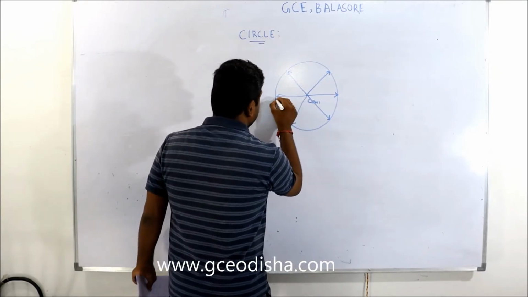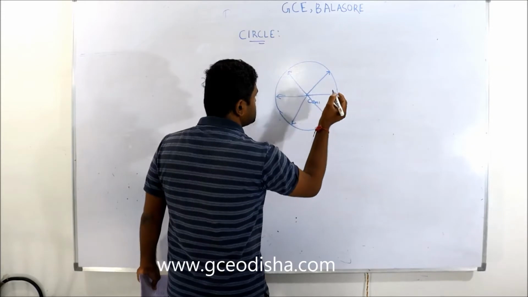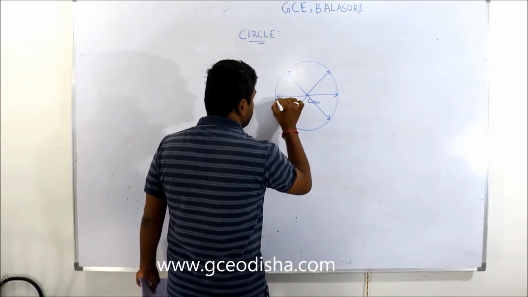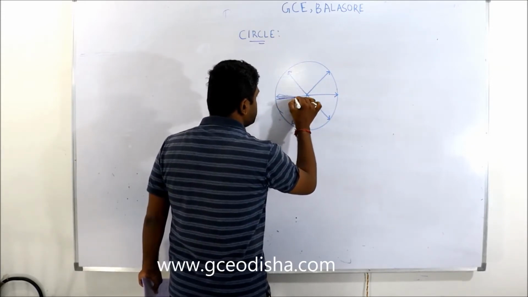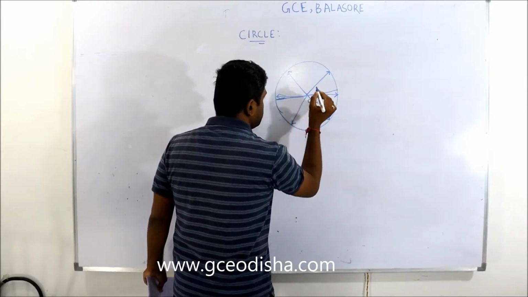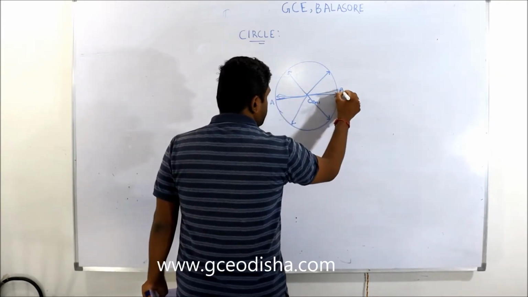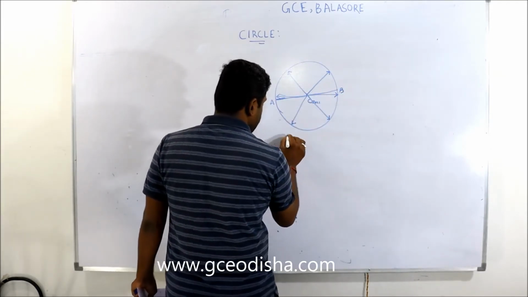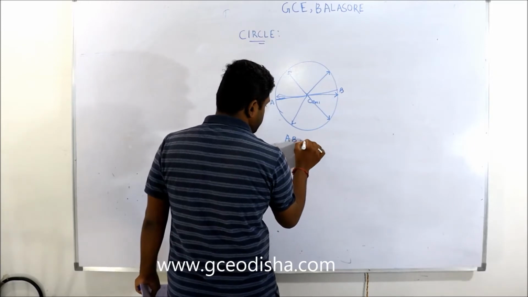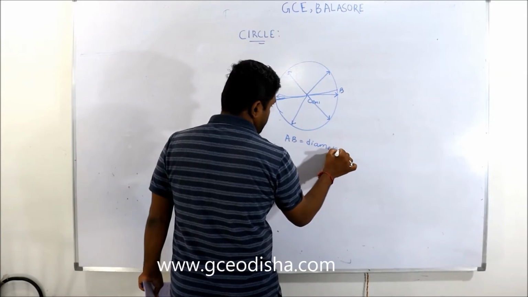From one point on the circumference to another, when you draw a line which passes through the center, this is called the diameter. Means the points A and B, the line which passes through the center, AB is the diameter, right?